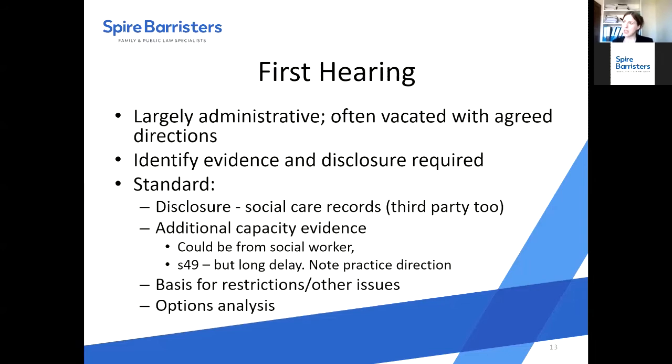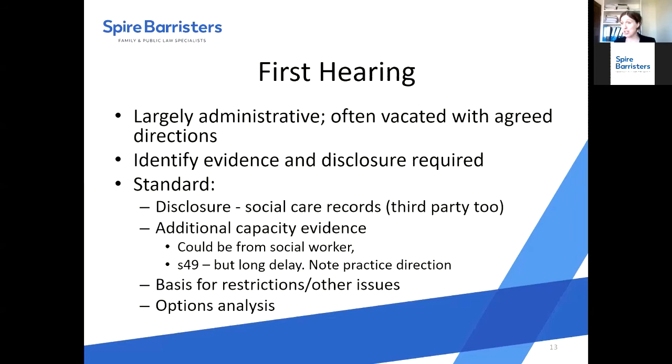And what I always say is start with a shorter amount, and if it becomes apparent that further disclosure is needed, or you do need to go further back, then that can be requested in due course. But it's very front loaded for local authorities, disclosure, all this evidence that we'll talk about, and my advice would be you don't have to agree to everything.